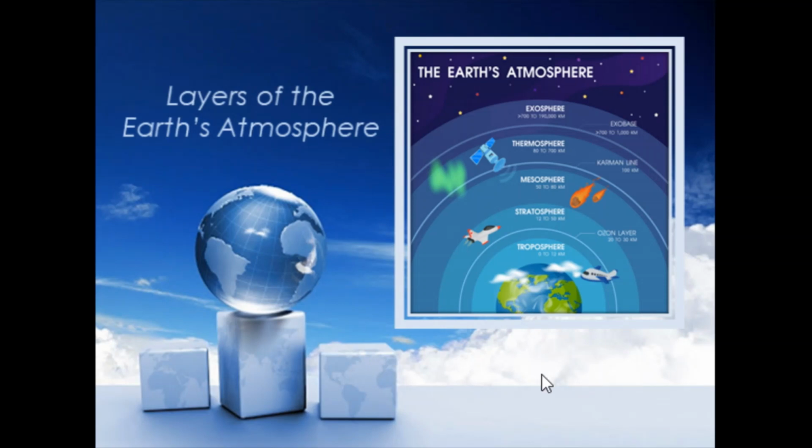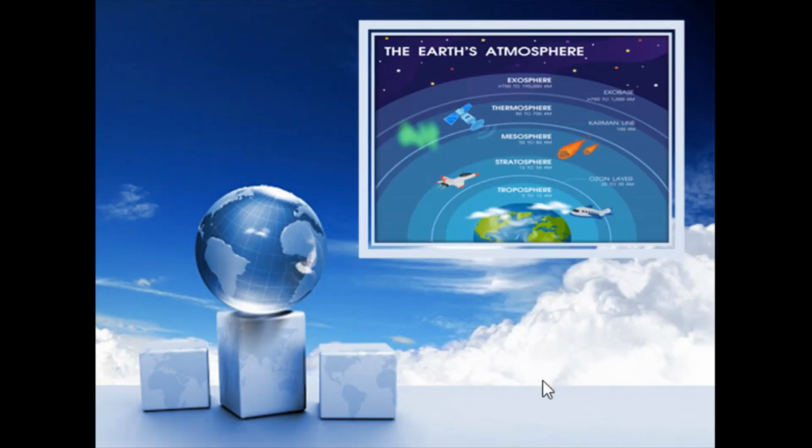What would be our first layer? Let's look at the picture above, at the Earth's figure. The first semicircle would be for the layer that starts with the letter T. What is it?